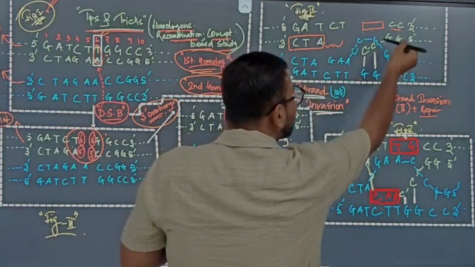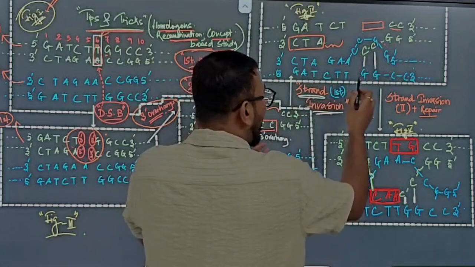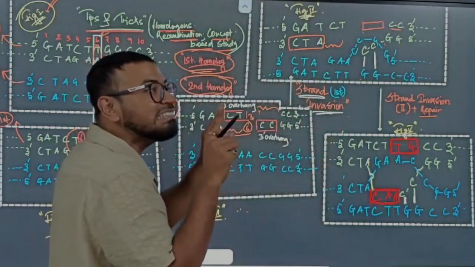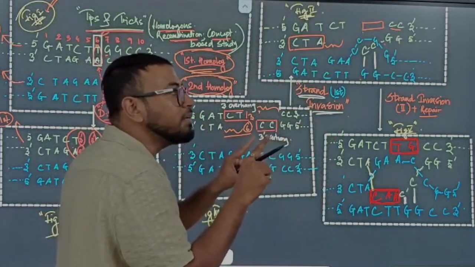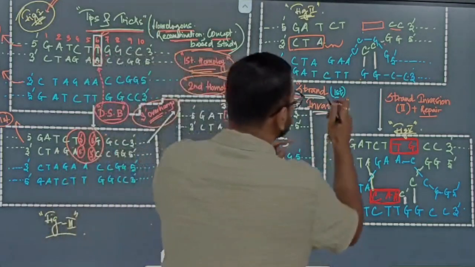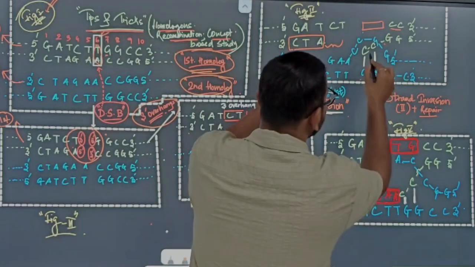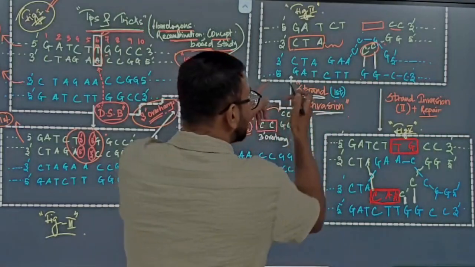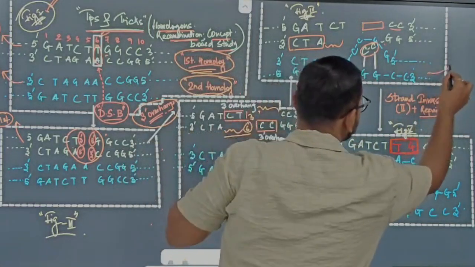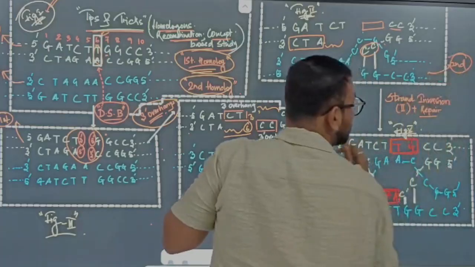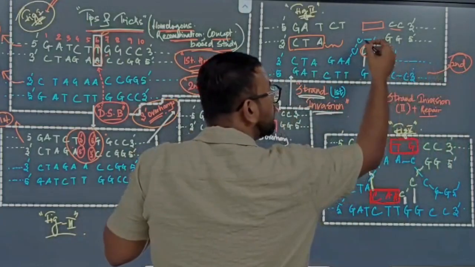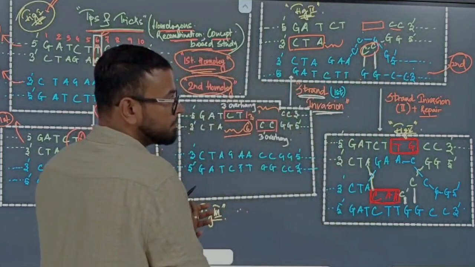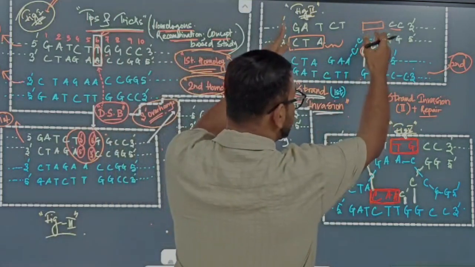After invasion, as both the homologs are similar in their sequences, because they are homologs of each other, this 5 prime strand of the second homolog will show complementarity with the CC overhang. Now this is our first strand invasion.